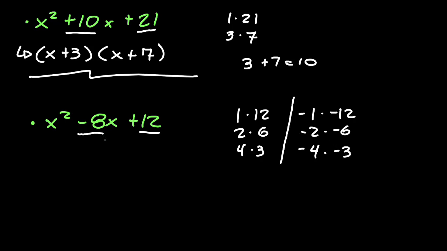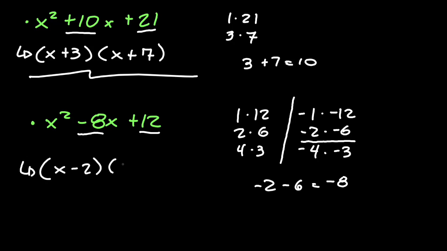What we're looking for here is the combination which would lead to negative 8, which would be negative 2 minus 6. And so our answer would be x minus 2 multiplied by x minus 6.